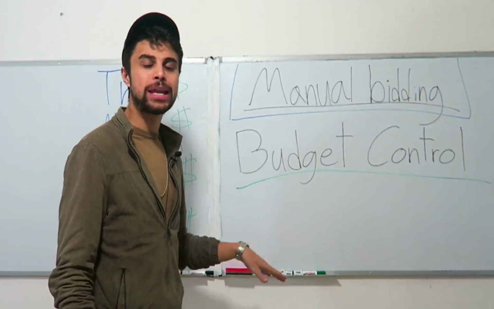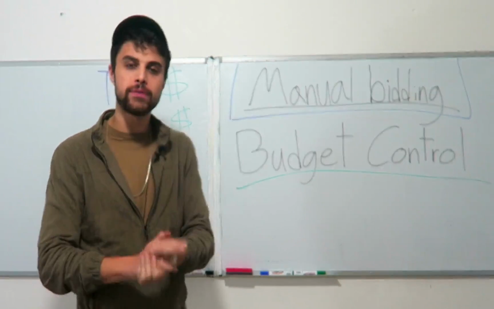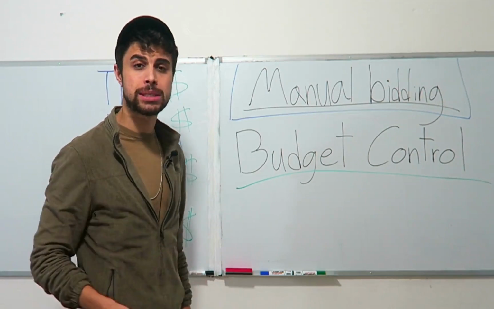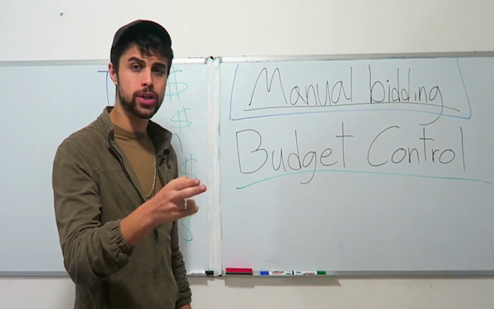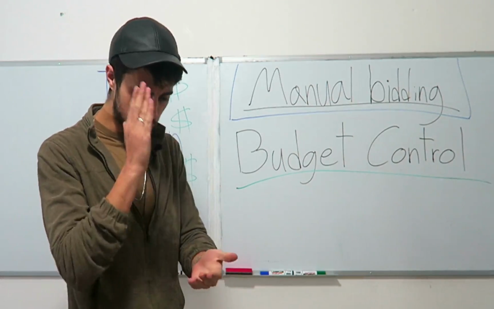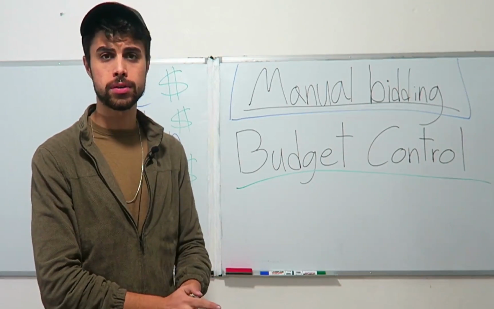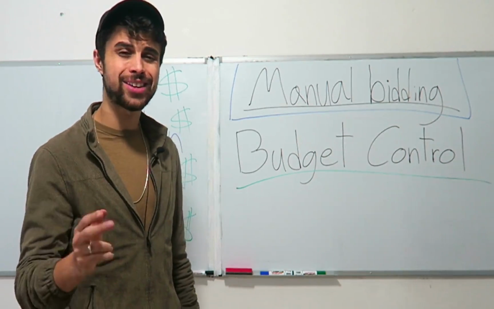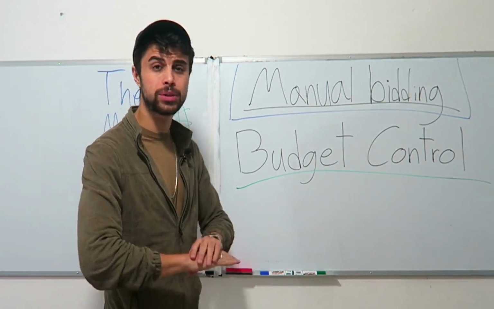Because with manual bidding you give Facebook a bid. You tell Facebook how much to spend on a certain conversion. So if you want purchases, you tell Facebook, I don't want you to find any purchases above $10. Facebook will not spend your money if it does not find you purchases underneath that price. On automatic bid, it will spend it.